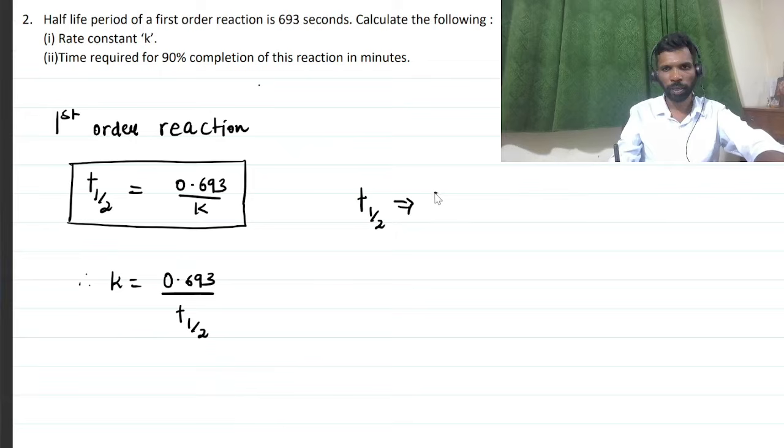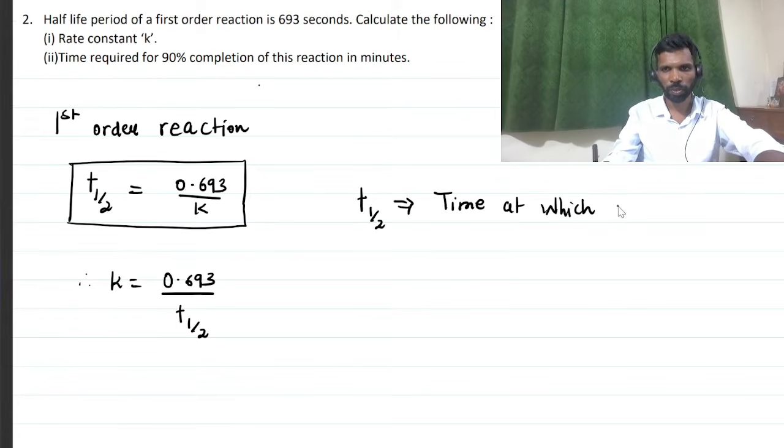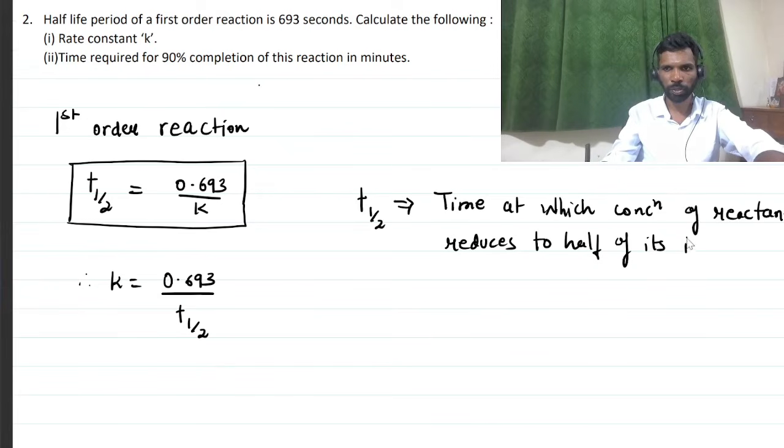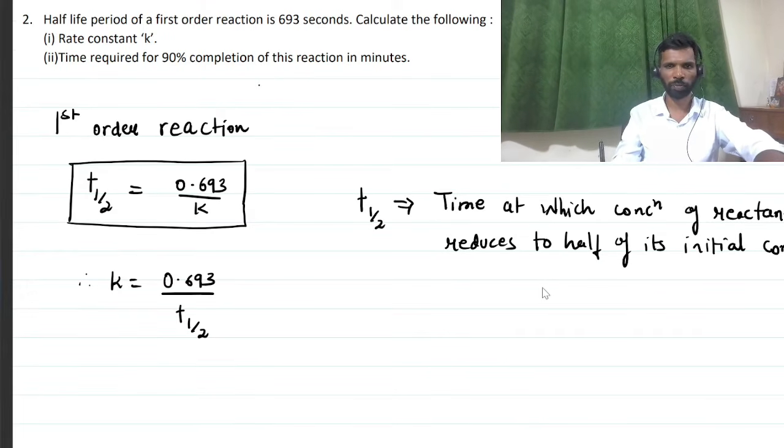T half is the time at which the concentration of the reactant reduces to half of its initial concentration. This is the definition of the T half, right?